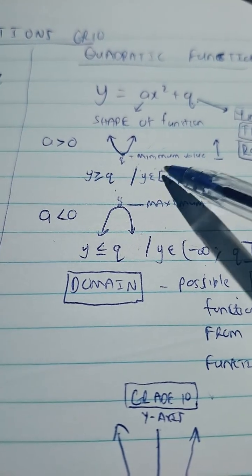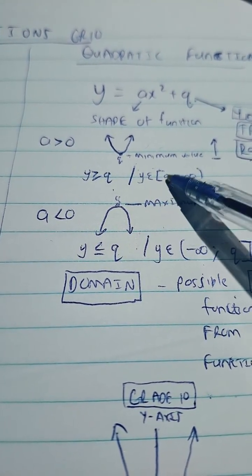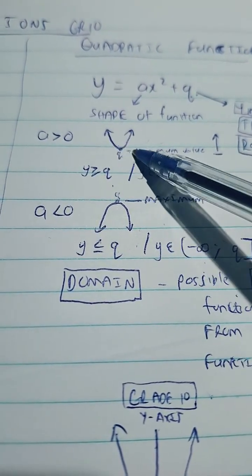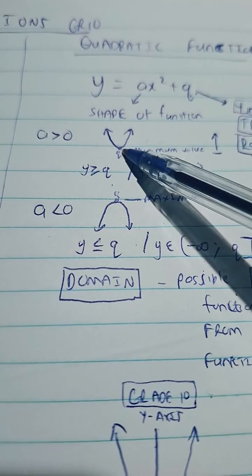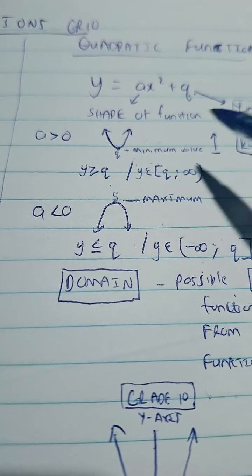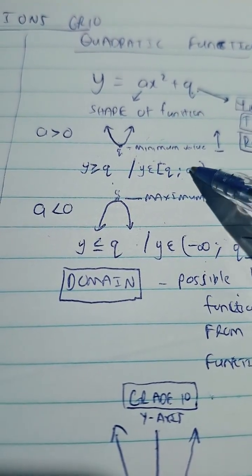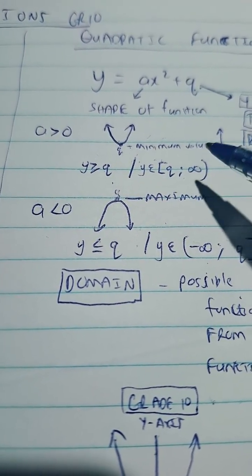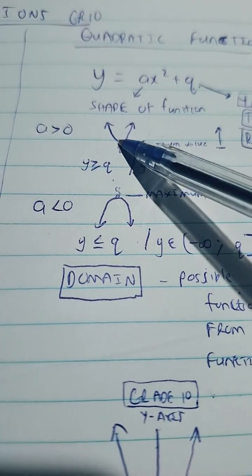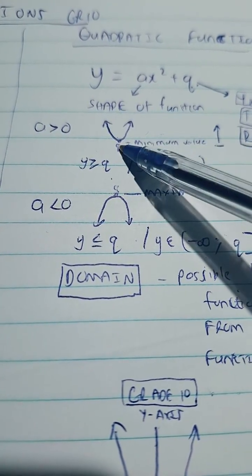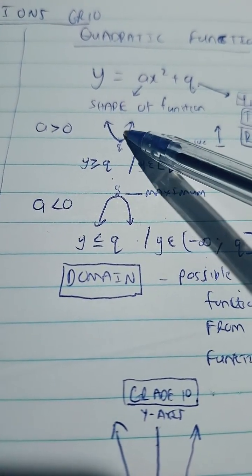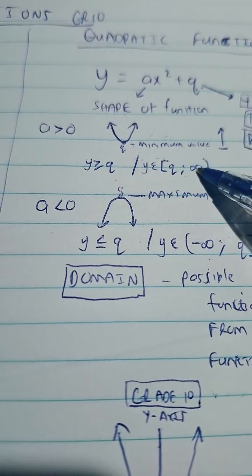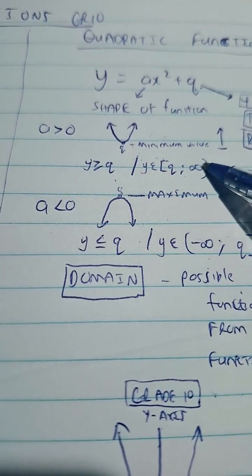So we use square brackets to indicate that our q value is also included in our answer. Then we use open brackets because infinity is not a number. It is a concept that tells us that numbers go on forever and ever. So in the positive direction for y, the function goes on forever and ever. So we write open brackets and we write infinity.